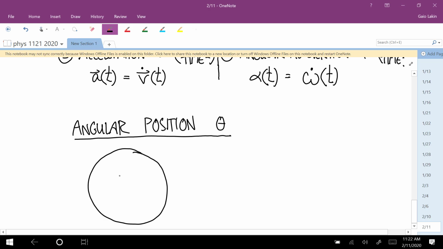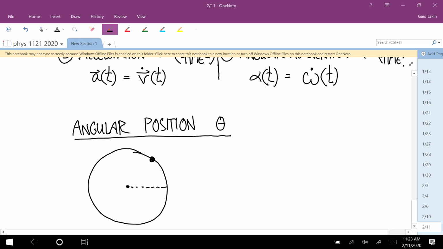So if an object is moving around a circular path, and here's the center, and this is some reference line. Usually that reference line is the positive x-axis, but it doesn't have to be. You just have to choose a reference line. And say that this is the object at some desired instant.